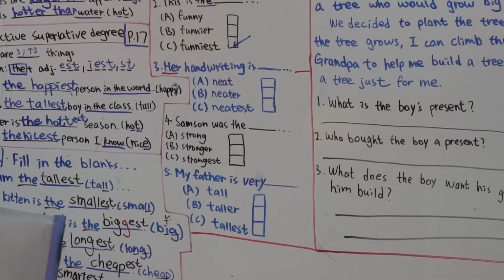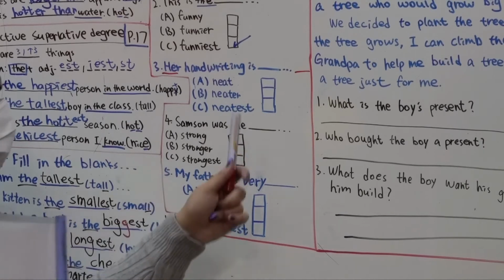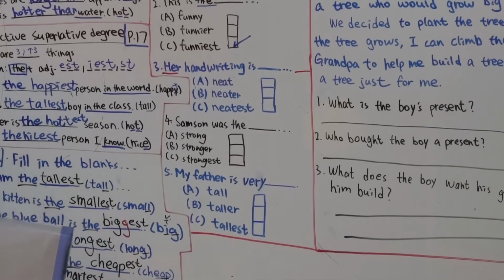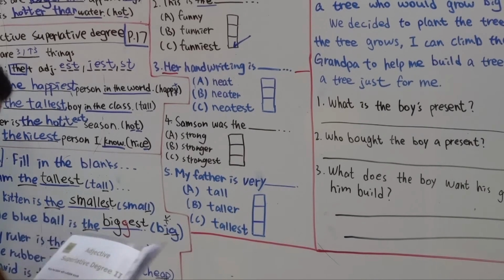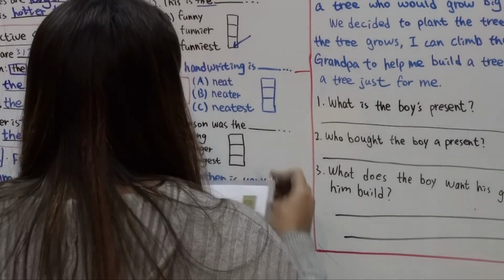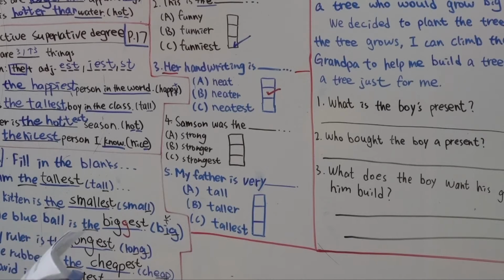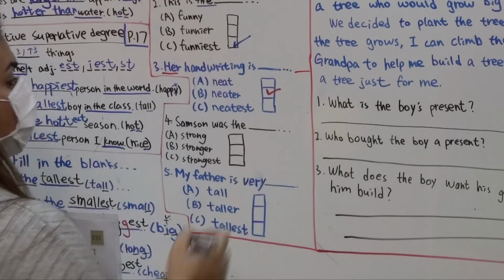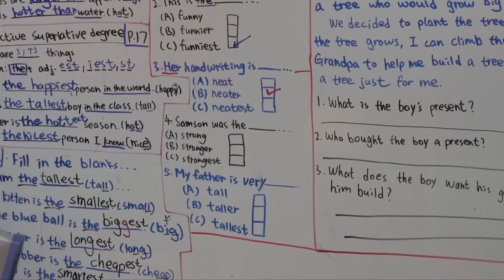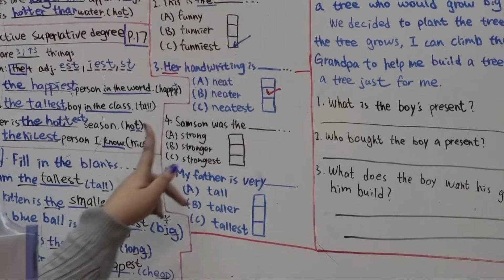So if they're comparing 2 people, which kind of adjective do we use? Comparative, superlative, or just the normal one? Her handwriting is neater. It's neater than mine. And the word than also tells you that we have to use comparative. Okay? Neater than mine. Check your answers.